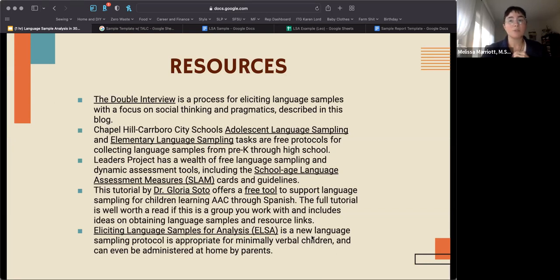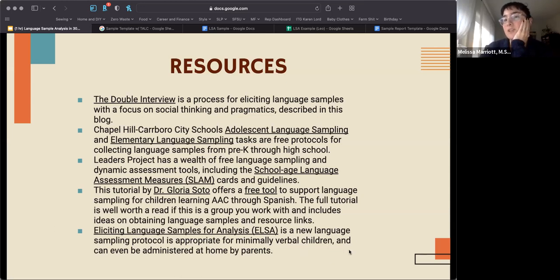And the focus for this one is kids who are minimally verbal. I want to say they specifically cite autism, but I'm guessing that the protocol and the resources could also be adapted in some way for AAC users. Many autistic individuals also use AAC, so there is some overlap there.